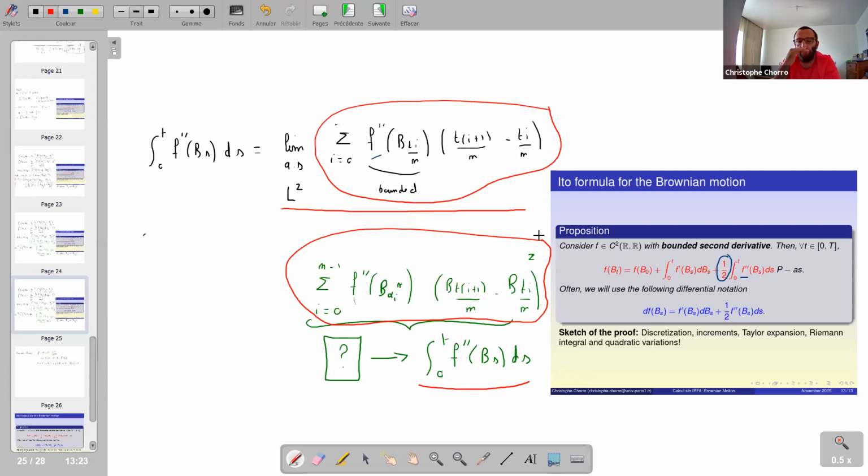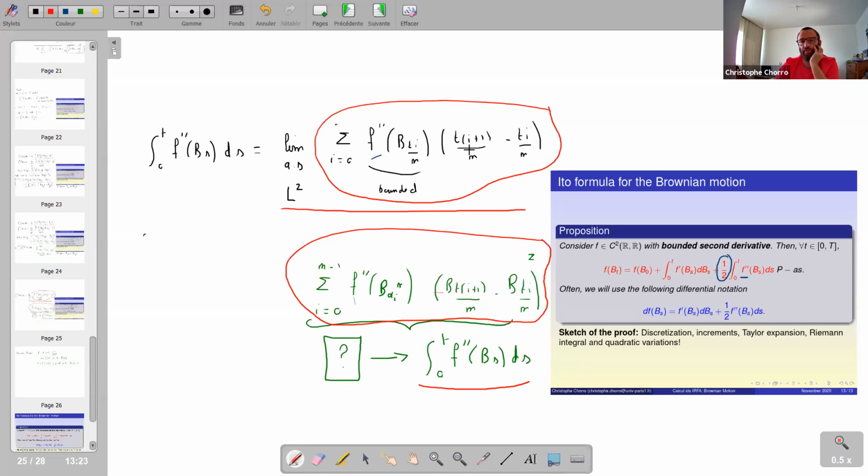I have shown you step by step how to approach this result. It's just a consequence of the Taylor expansion, that's why I have the 1/2 in particular here. To prove my result, it is sufficient to prove now that this one converges toward this one, because the integral I am interested in, the last term in my Ito formula, is just this limit. So the last technical step is to prove that this one converges toward this one.